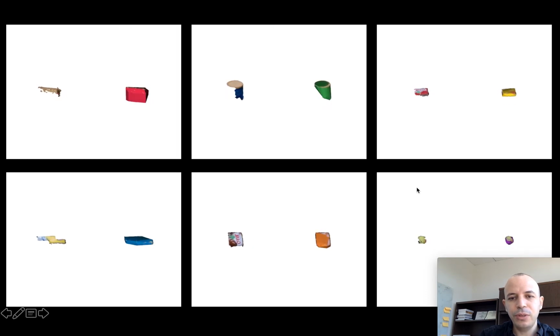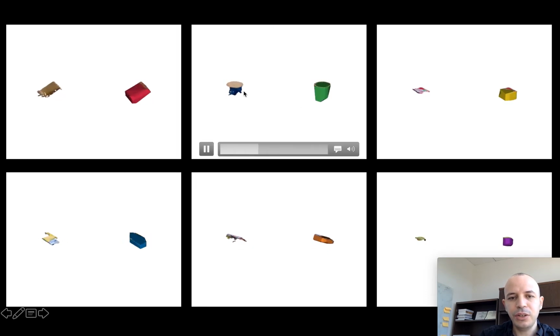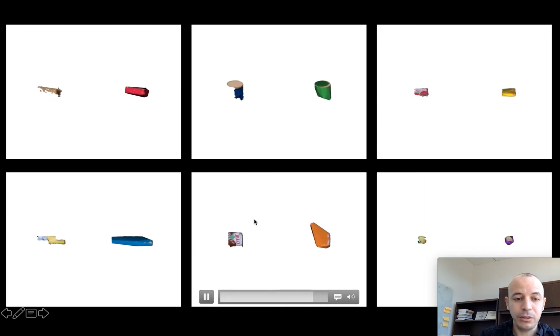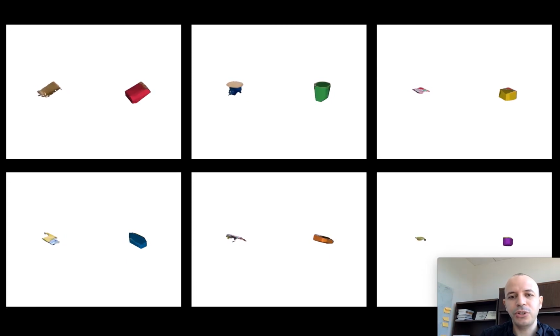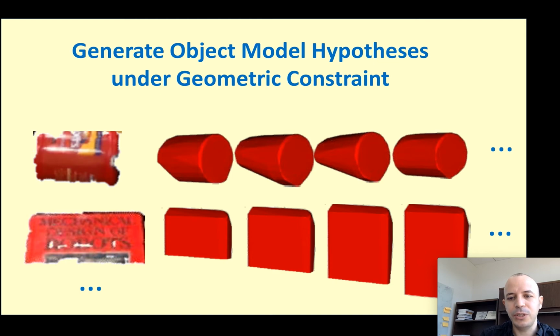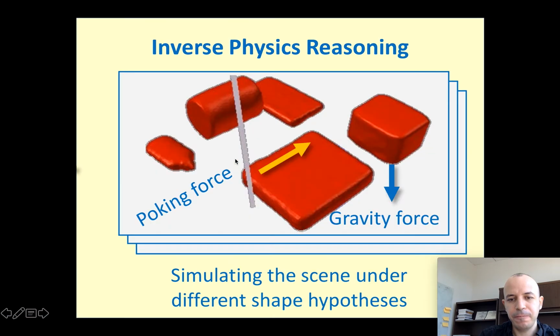You need to do this with all the objects that you see in the scene. Some of them are cylinders, some are cuboids, some have different shapes. So you generate a large set of hypotheses for each object in the scene, based on the part that you see. And then at the end, you want to score the shape of each object based on how much it matches the observations.